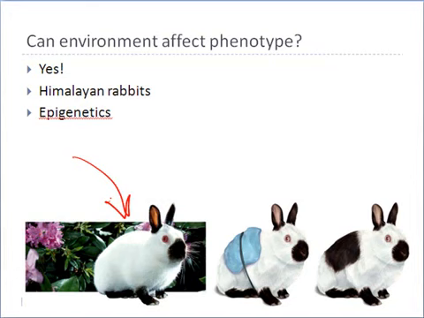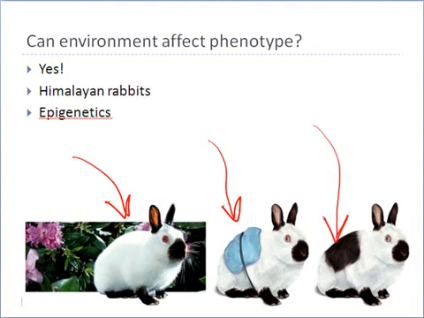So for example, you can do a research experiment, and this has been done, where you strap little ice packs to the back of bunnies, poor little bunnies running around with ice packs on their back, and after leaving those ice packs on for a good amount of time till new fur can grow, the fur that grows in its place will be of a different color.